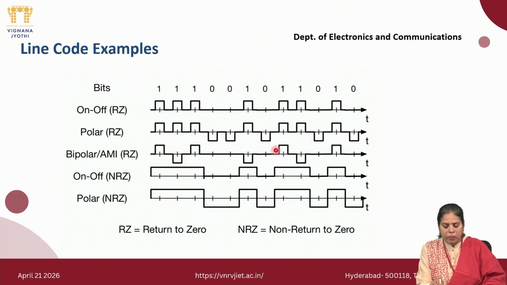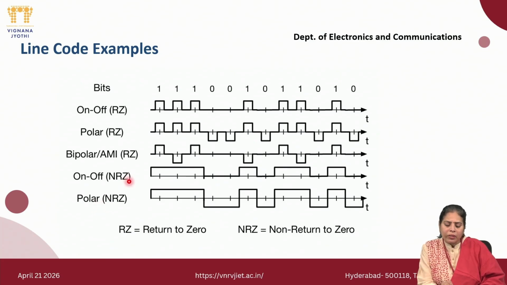Now, the first three that we have discussed are return to zero formats, whereas now, coming to non-return to zero format, it can fall into the category of on-off, which is also called unipolar format, or it can fall into the polar format.